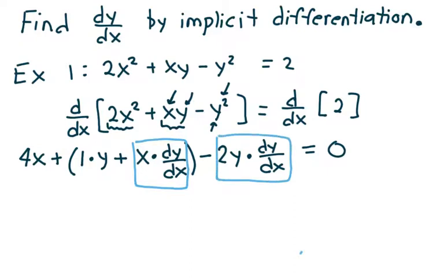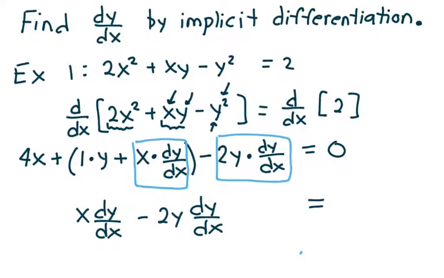So what we're going to have is x dy dx minus 2y dy dx. And I'm going to set that equal to the following. So I'm going to move that 4x and that y over to the other side. And so I'm going to have negative 4x minus y.